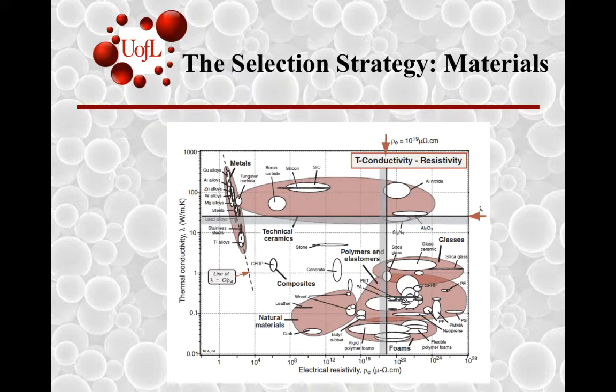Let's take a look at this chart of thermal conductivity versus electrical resistivity as a way in which we address, first of all, the minimum electrical resistivity that's possible, so 10^19 micro ohm centimeter. This was a design requirement, so materials to the right of this line are all candidates, and materials to the left of this line are all eliminated. So a good bit of natural materials, composites, foams, and metals are completely eliminated.